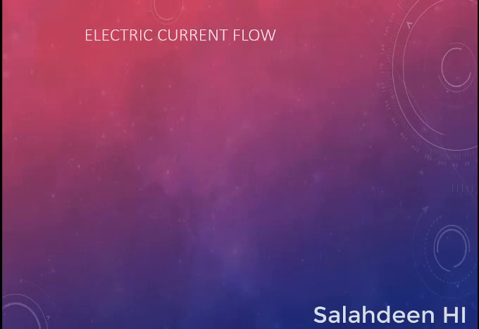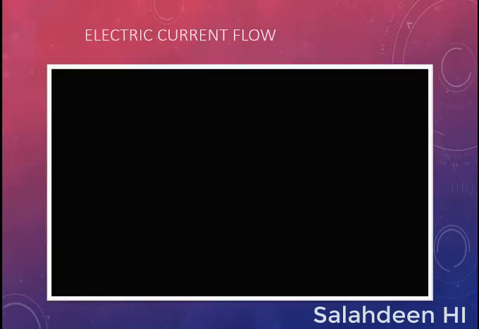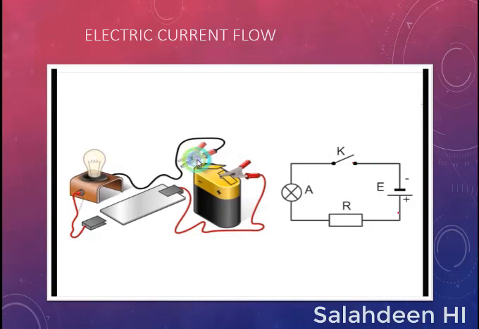Electric current flow. Let's watch this video. The wire has been connected to the terminals of the battery, and here we can see that the circuit diagram is well drawn.